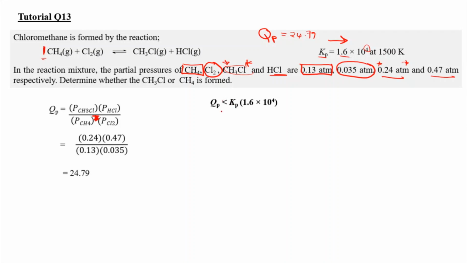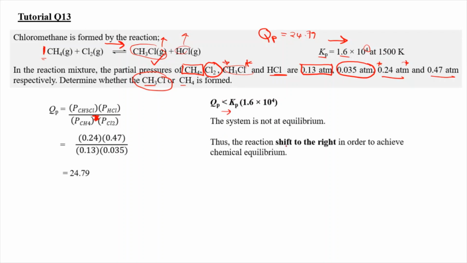It must still be the reverse direction. Okay, so when it goes to the right, then you know that the concentration of this value and this value will get higher. So in between this one and that one, CH3Cl is going to be formed. So you can say that at first the system is not at equilibrium. This direction is going to shift the equilibrium to the right in order to achieve equilibrium, and more CH3Cl is going to be formed.